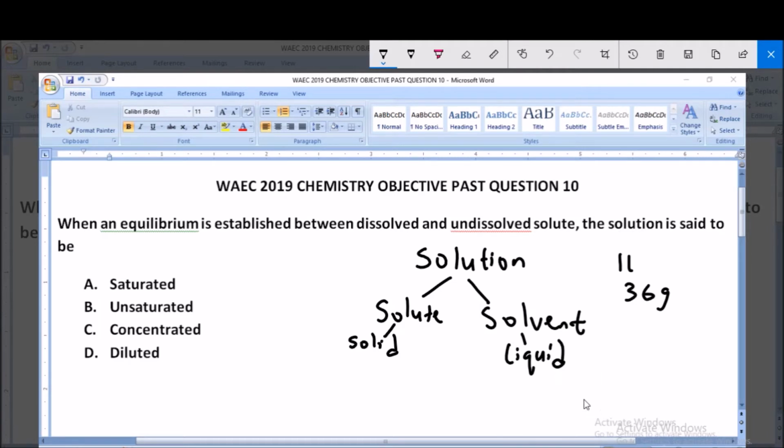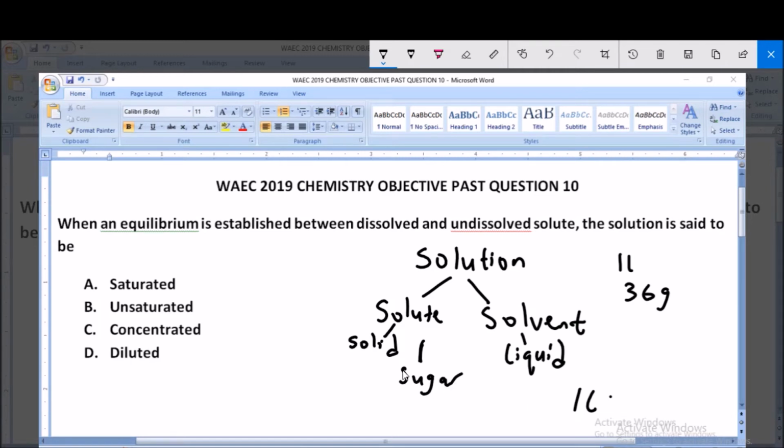Then for a concentrated solution, a concentrated solution is one that contains relatively large amounts of dissolved solutes. So if, let's say, in 1 liter of water also, you dissolve a large amount of solute, let's say the solute is sugar.